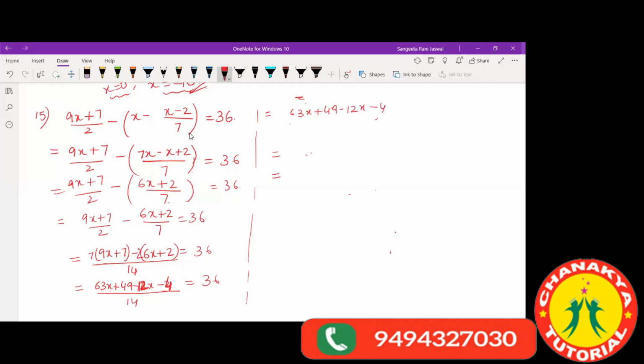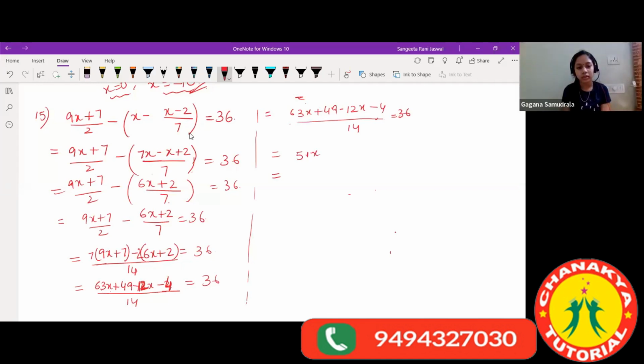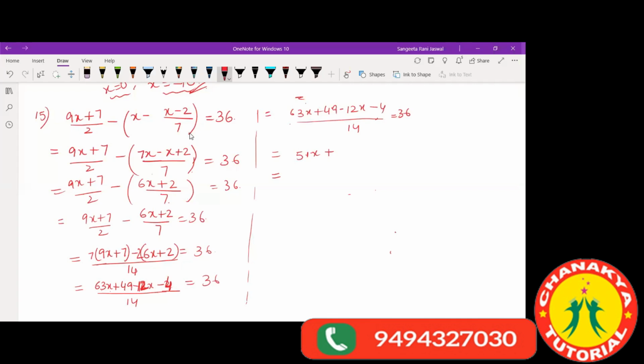The 2 got multiplied with the inside part of the bracket. So 63 minus 12 is 51x. 49 minus 4 is 45.